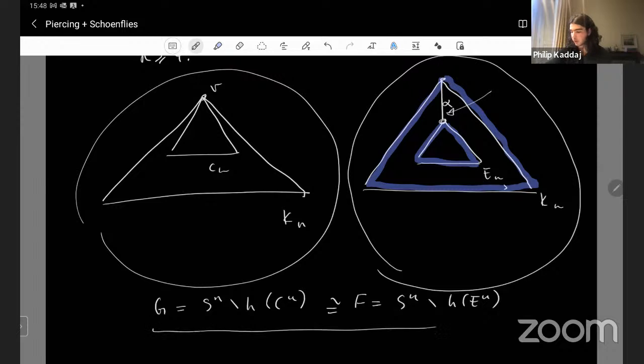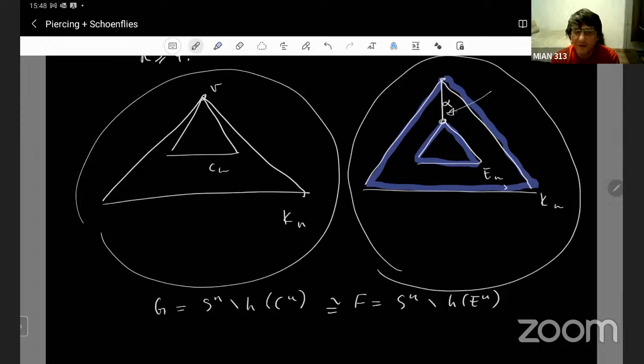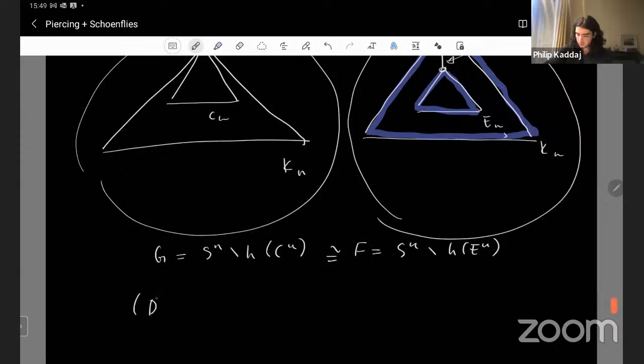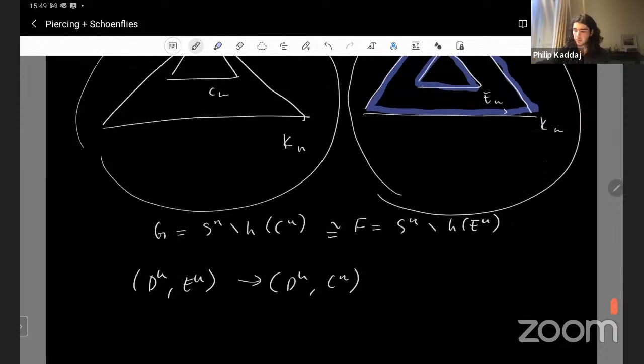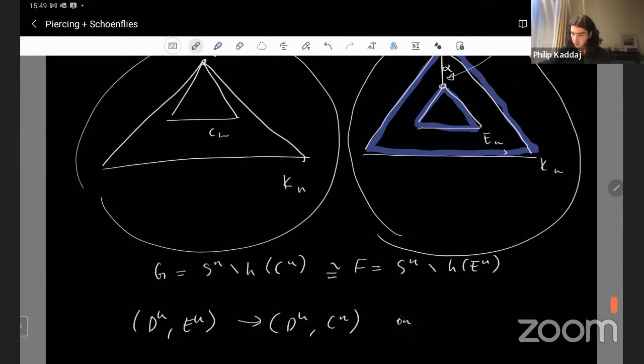So then these are homeomorphic. Why are they homeomorphic? Well, alpha is flat. Okay. So there's a homeomorphism that's the identity on the boundary of Kn.